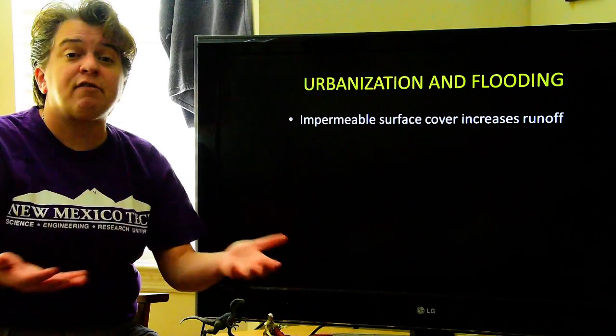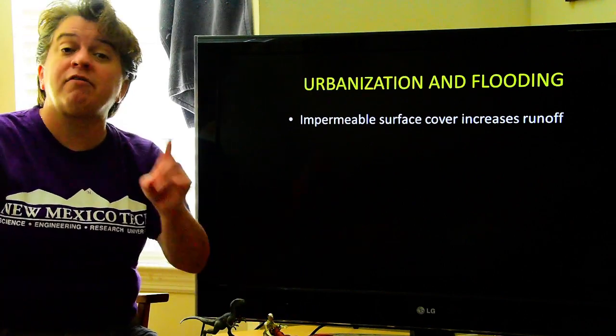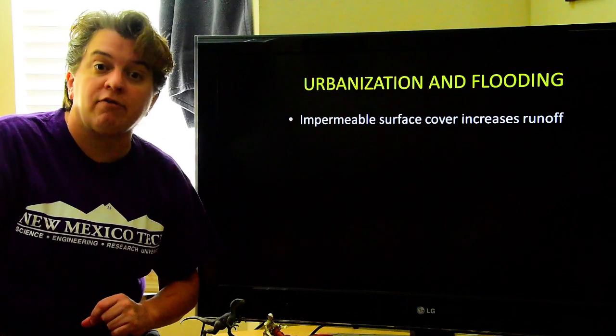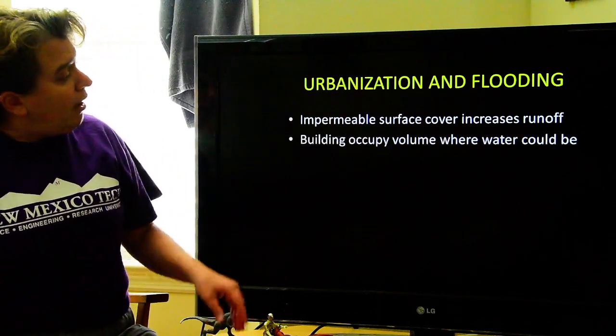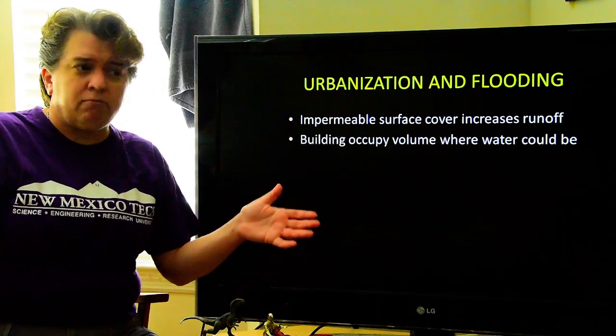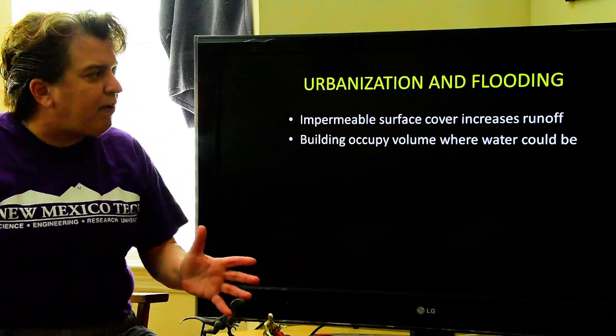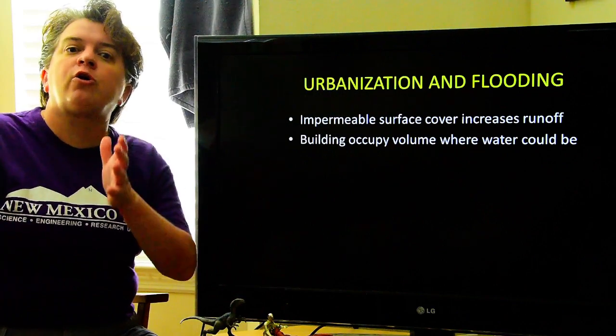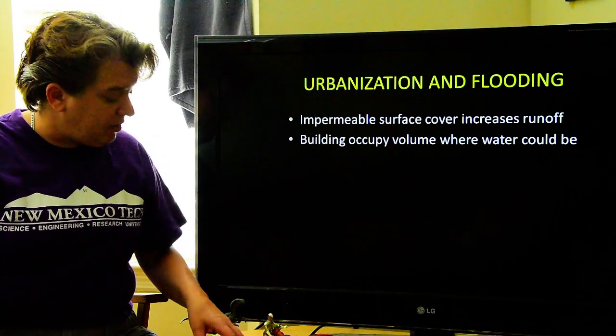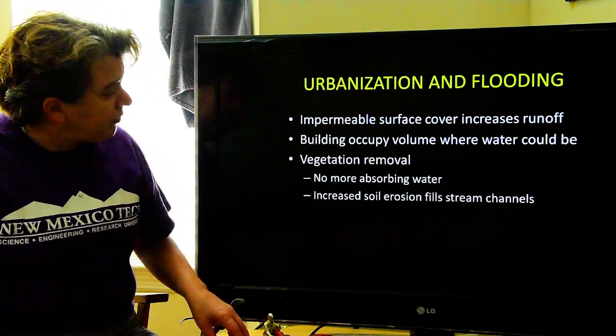Now, can't soak in, can't join the groundwater, so it's going to join water in the river and start flooding things. Also, buildings, all the structures that we make, they occupy volume where water could be. The building's not there and no one cares if the water's there.